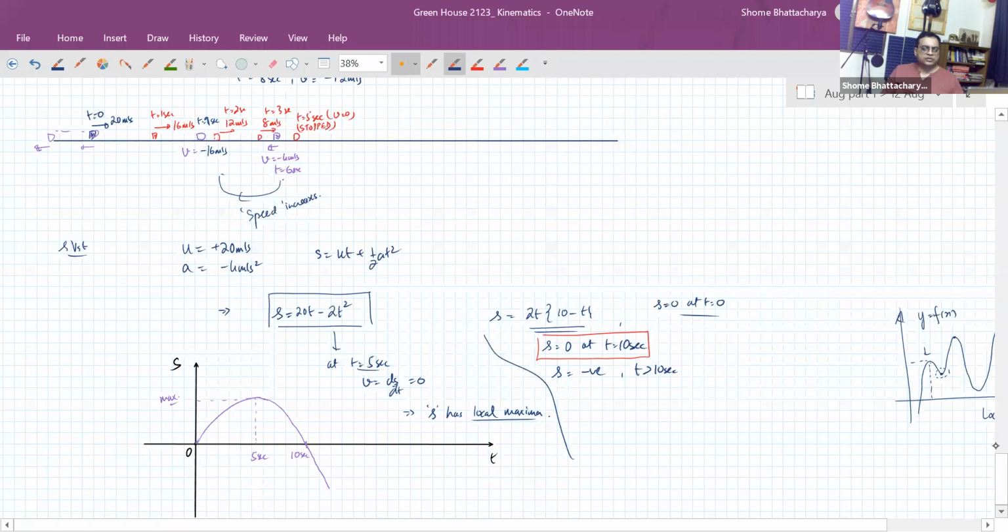Now that we have drawn the displacement time graph, one more thing we'll do here. Find the distance traveled. And the displacement, both the things.